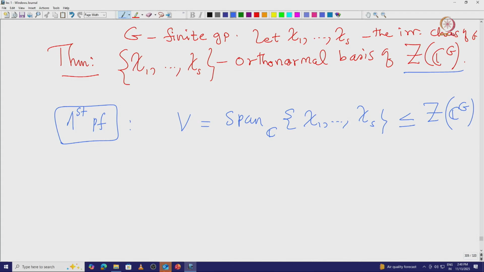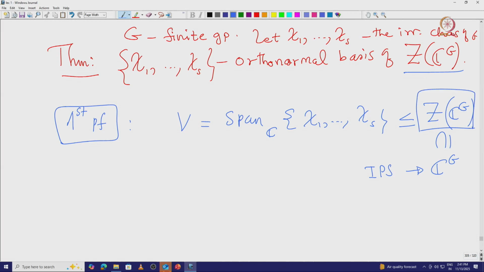The space of class functions is a subspace of the C valued functions on the group G, and this is an inner product space. So, from this inner product we can conclude that the space of class functions is also an inner product space. In particular we have a nice inner product to work with, and whenever we are working with an inner product we are in a very good situation. We can use lots of linear algebra techniques.